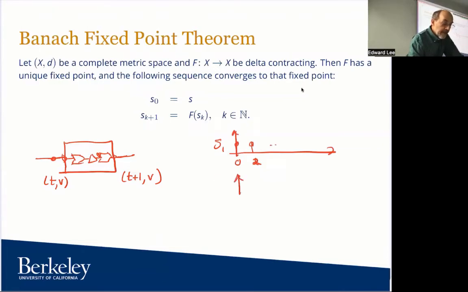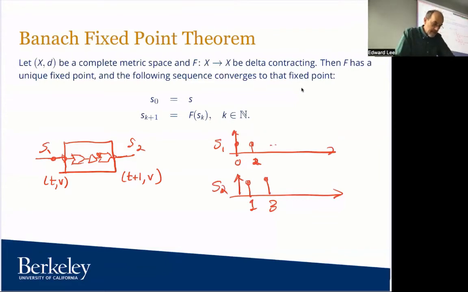Then S2 is going to have value 1 at 1, value 1 at 3, and then nothing else. Right? That's input, output. Wait a minute. That's not what I want to do to show that it's delta contracting. This is f of S1. Right?